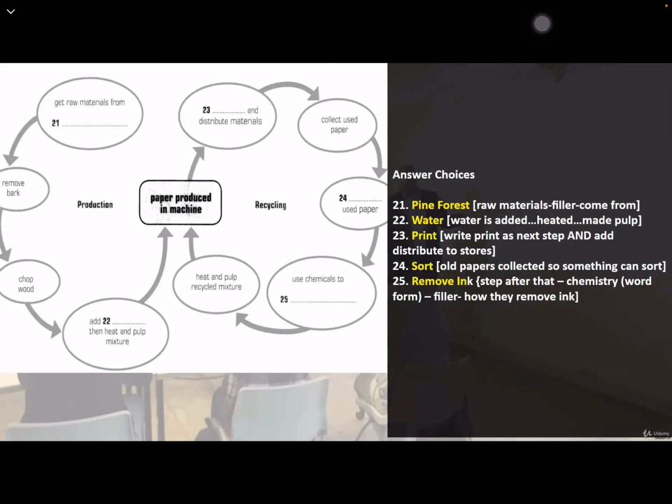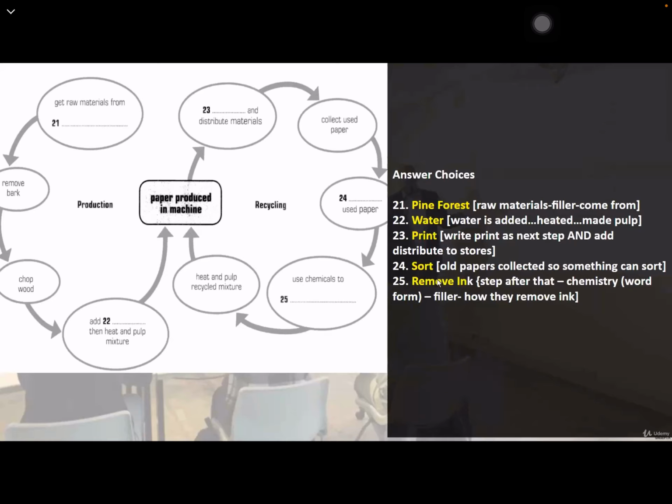And then they said add distribution, though, you know, something about distributing the materials to the stores. Number 24, they said collect used paper, and then for number 24, they said sort. Old papers are collected so something or someone can sort them.